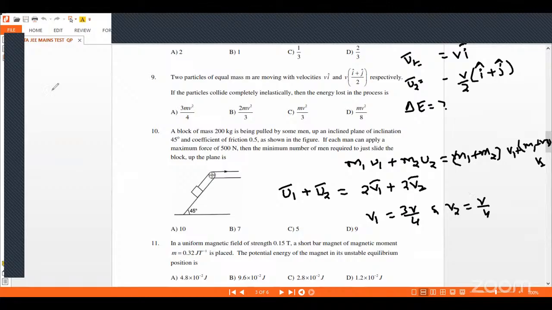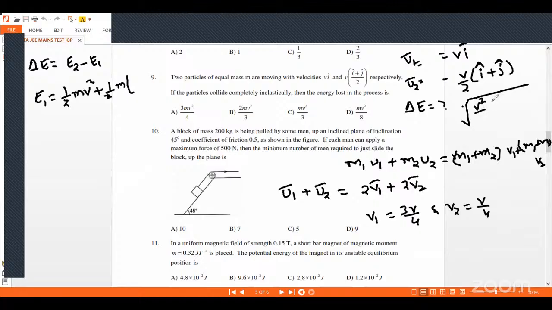So change in energy means we need to find the loss in energy, that is E2 minus E1. E1 is the initial energy, which I can write as half mv square for the first particle, and for the second particle the velocity is under root v square by 4 into 2, so that is v square by 2, that is v by root 2, whole square.